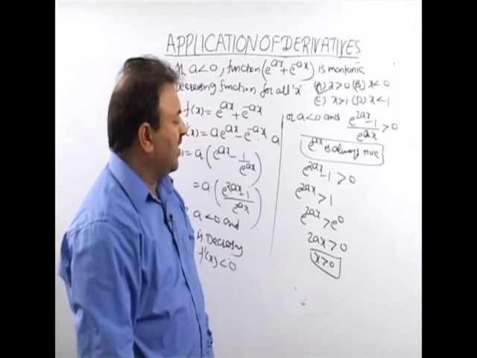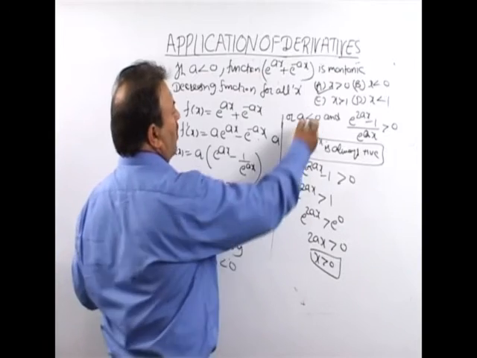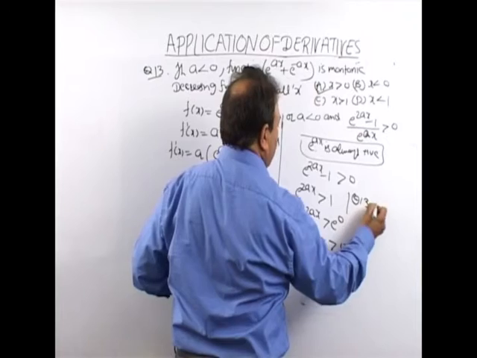I can say x greater than 0. So it is, I can say this is increasing for x positive. So question number 13 ka the right option is A part.